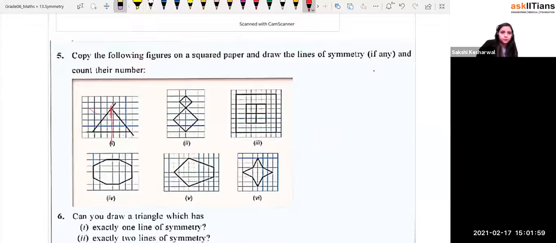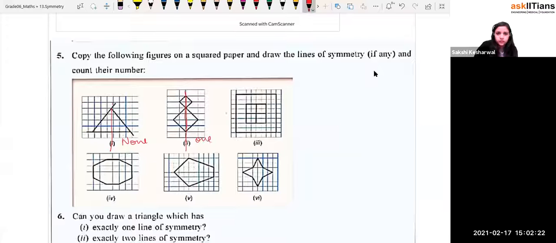Just see over here. So you're going to draw from here, right? From somewhere here. So it's not going to overlap exactly on this. So it is having none, right? This one is very clear. So this is only having one line of symmetry, right? Yeah, this is only one.